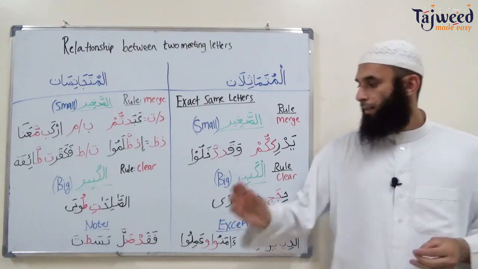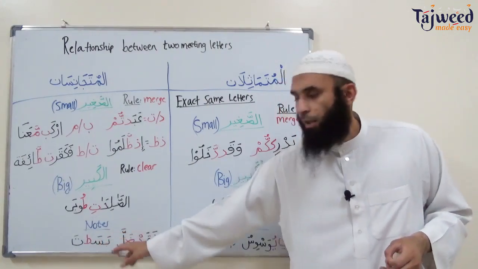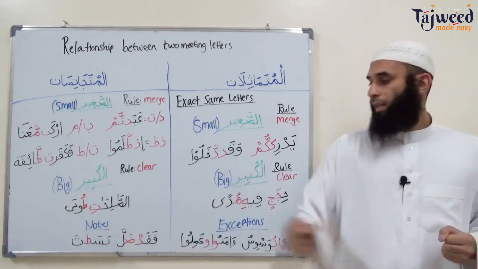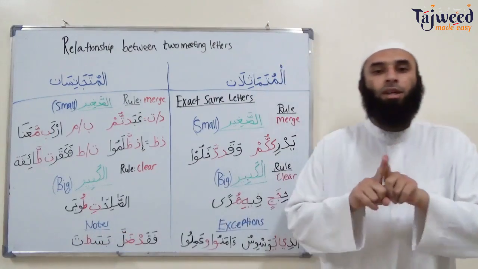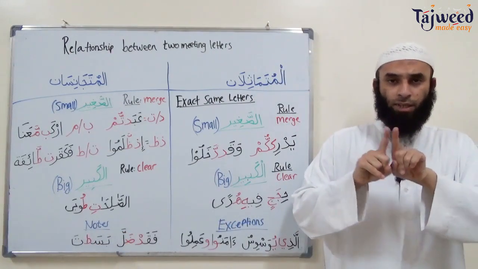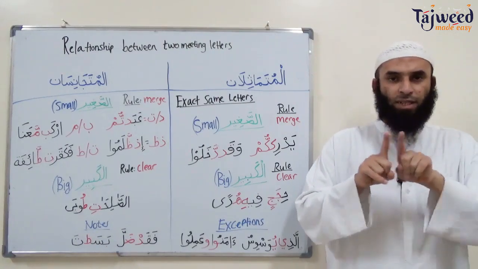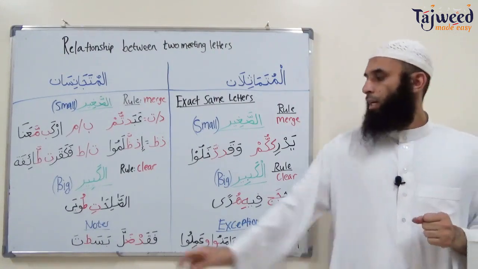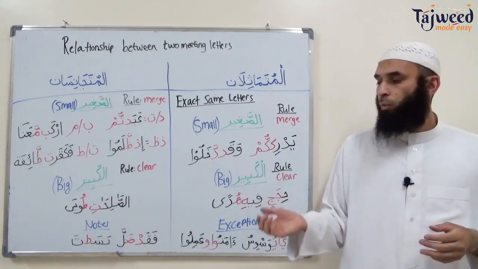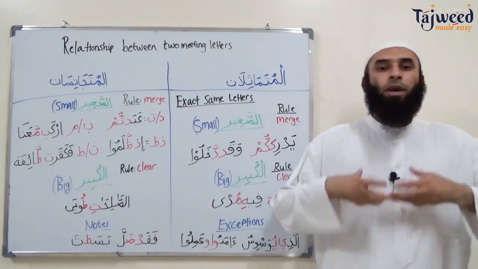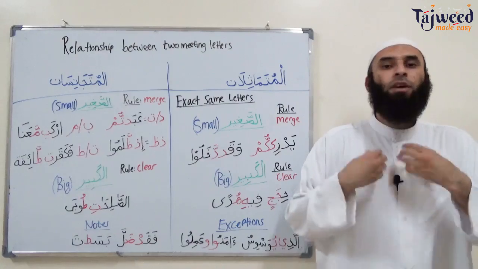Another word, for example لَإِن بَسَطْتَ. The word basatta has a ta and ta. They have the same makhraj point but different sifat. One of the differences is that ta is from the heavy letters. So when we merge, we have to show that characteristic of heaviness.